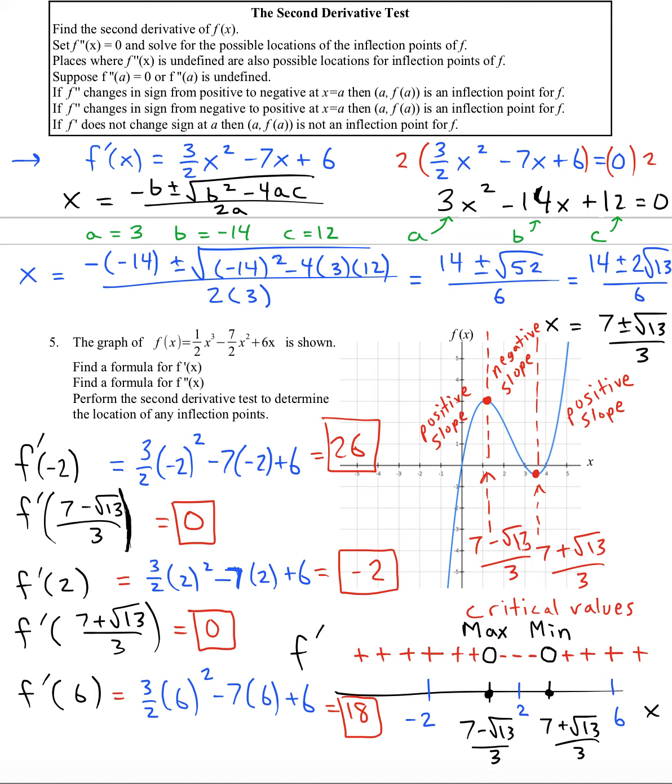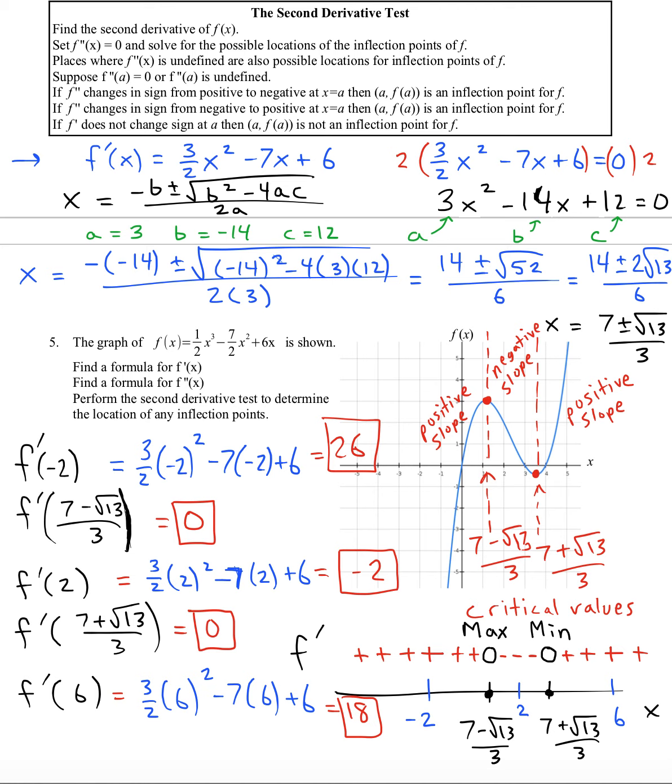All right, so what are we going to do in the second derivative test then? In the second derivative test, we find a second derivative and set it equal to 0. We're going to solve for the possible locations of the inflection points of the original graph. Places where the second derivative is undefined could be potential locations of the inflection point as well. So we're looking for either type, where the second derivative is 0 or the second derivative is undefined.